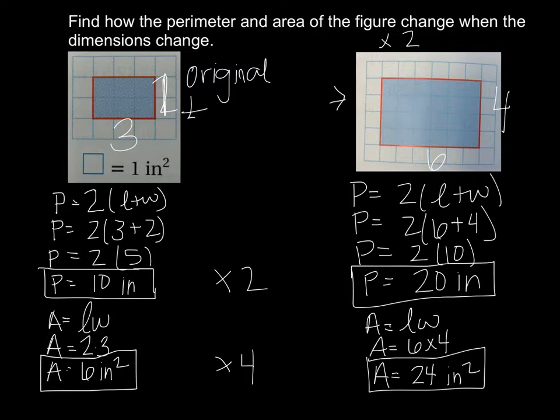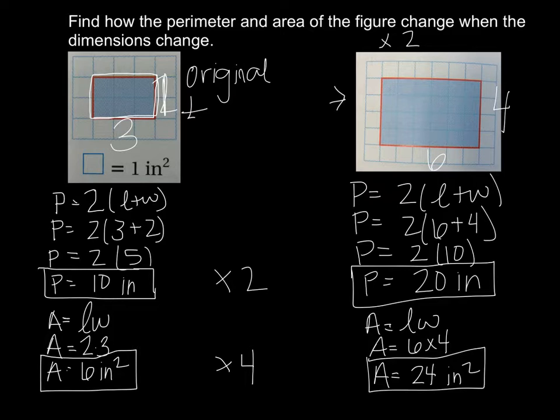Interesting. Now here's why. Because when I'm taking this around, all I'm doing is multiplying it by 2. Yes, I'm multiplying the side by 2 and the base by 2, but it's just getting twice as big.